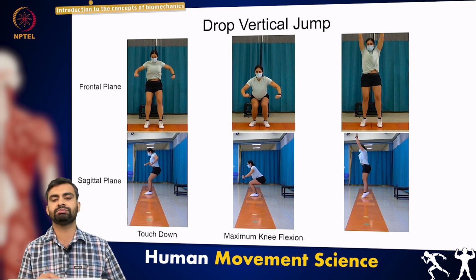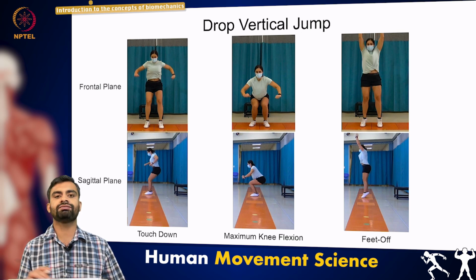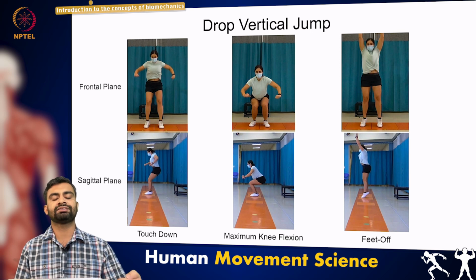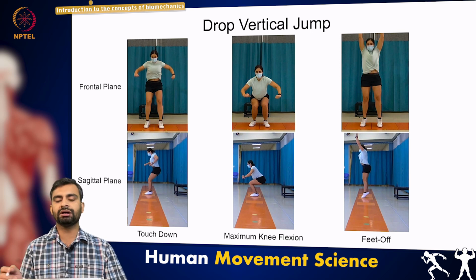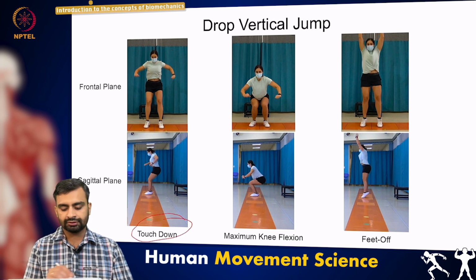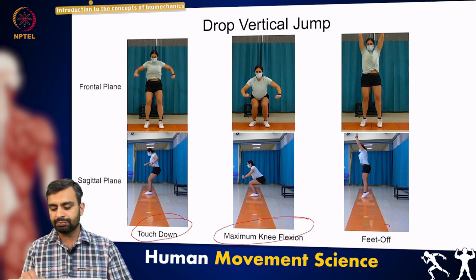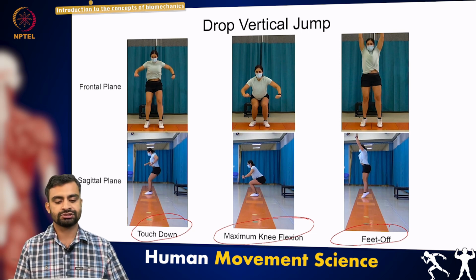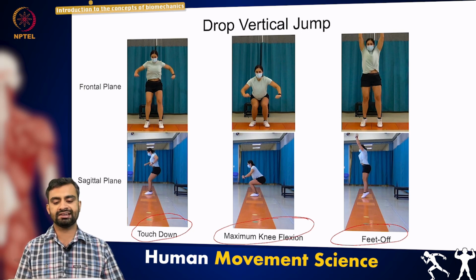Second is the maximum knee flexion, and third would be the feet off, or when the feet of the athlete leave the ground to perform a vertical jump. These three time points are based upon the requirements from the coach or a performance analyst, so they are more interested in these things.